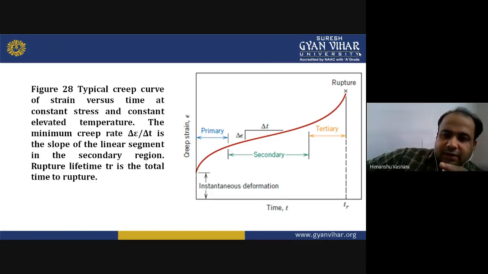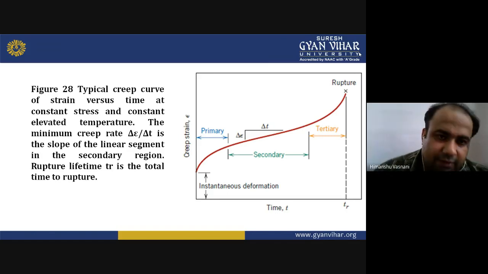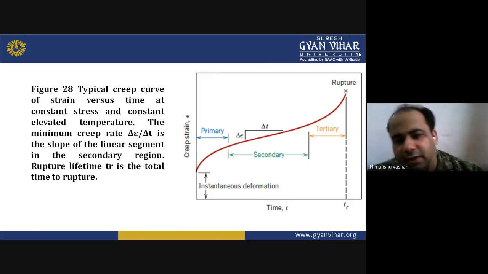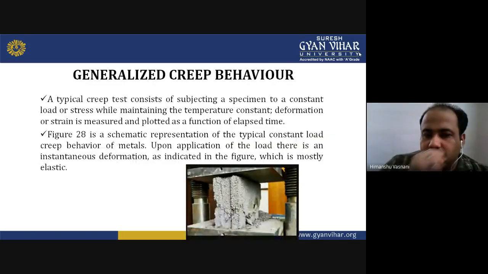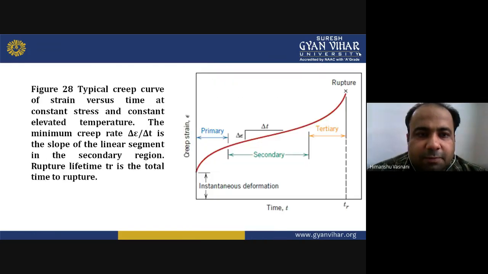So you can see that there are three stages into which the whole process, from starting to the rupture at the end, is divided. This is called a creep curve, and we are talking about this creep curve in this figure. Upon application of load there is an instantaneous deformation. Let's go further.